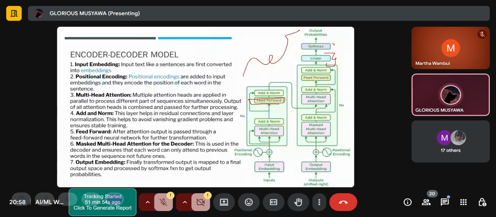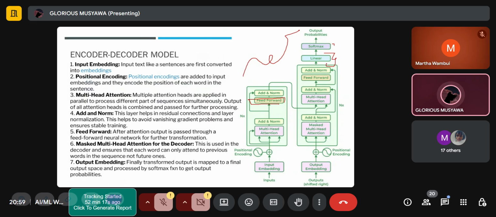Sometimes sentences can be complicated. I know I'm using the simplest of sentences to give you an example, but think of real world scenarios where sentences are complicated. So that positional encoding, trying to see where each token fits in a sentence, is important.